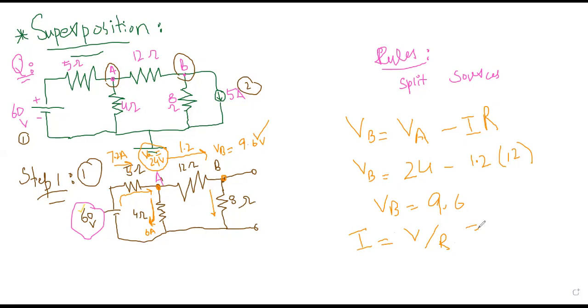So 9.6 upon the value of resistance, which is 8. 9.6 divided by 8, this is approximately equal to 1.2 ampere. So here it is 1.2 amperes.